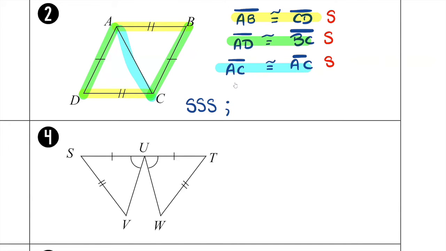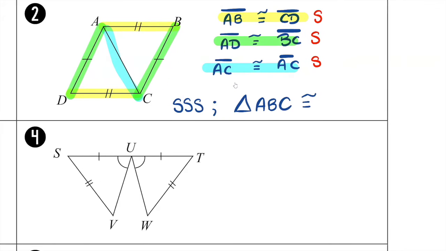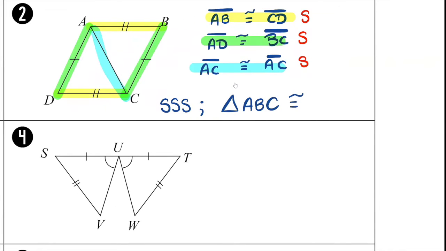Okay. So what would our congruent statement be? So triangle ABC is congruent to who? So we need to make sure we just match up our pieces.